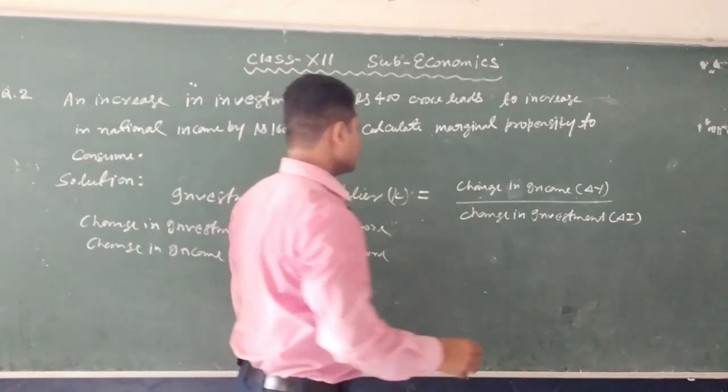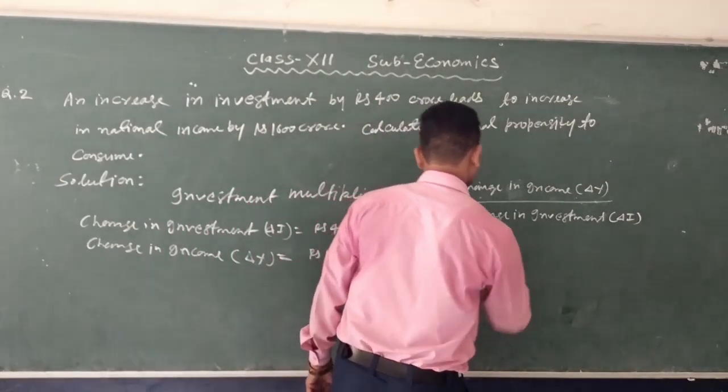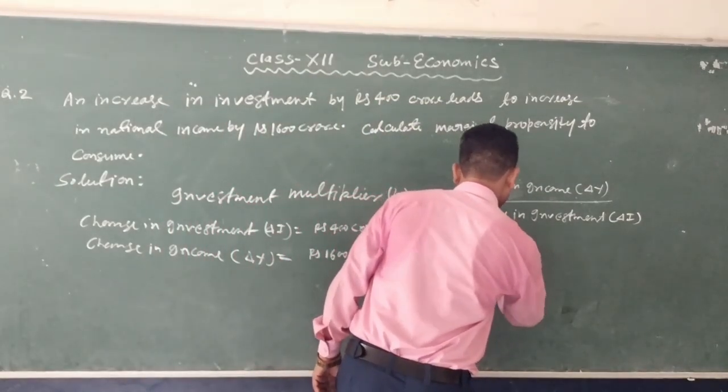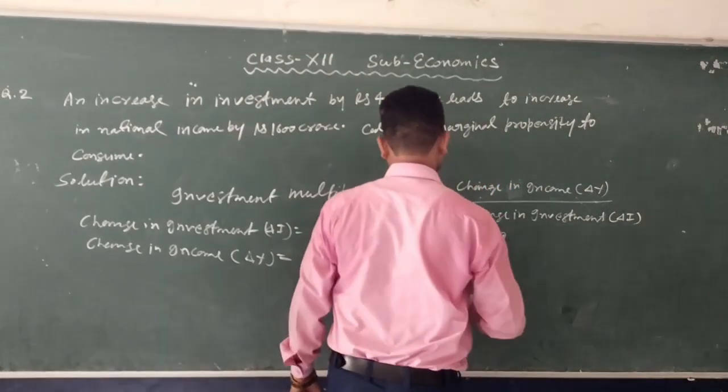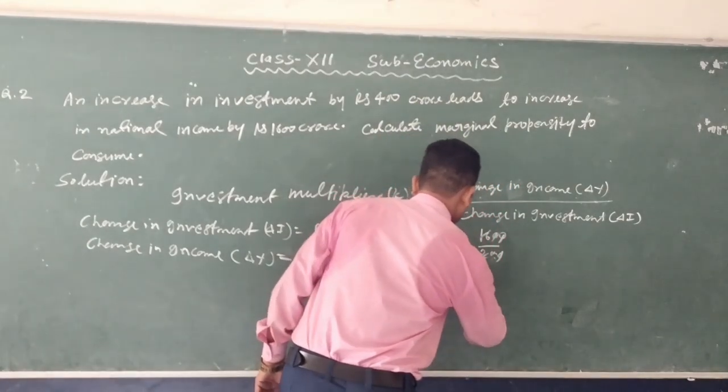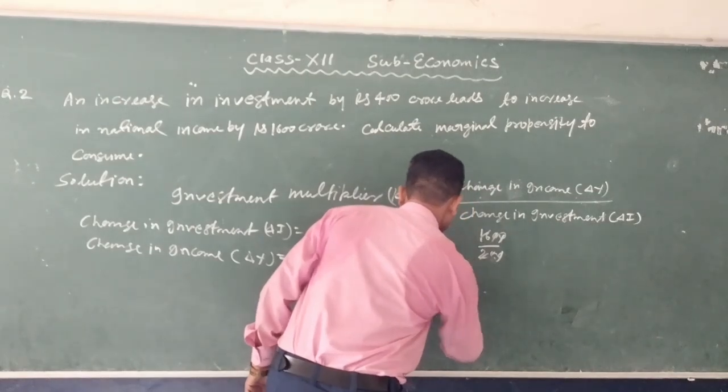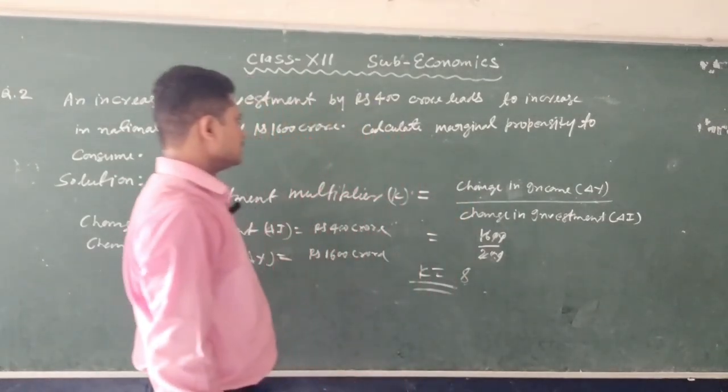We put all values: 1600 upon 200. The value of multiplier is 8.